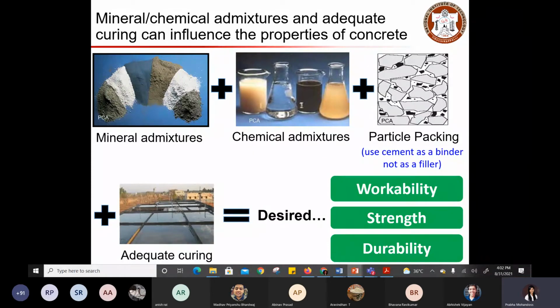Adequate curing is of course important to ensure the hydration process takes place completely and to avoid evaporation of moisture from your concrete. Otherwise, either your strength will not be obtained or the evaporation of moisture could lead to shrinkage issues, the plastic shrinkage issues.